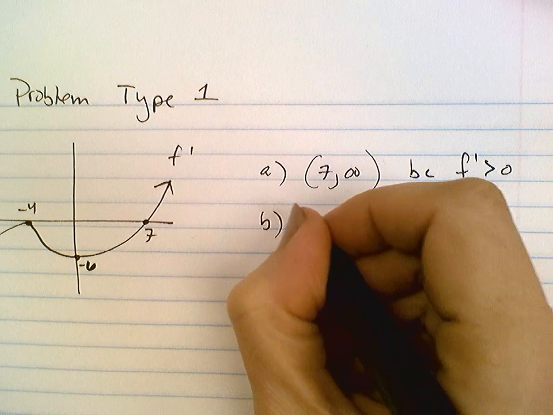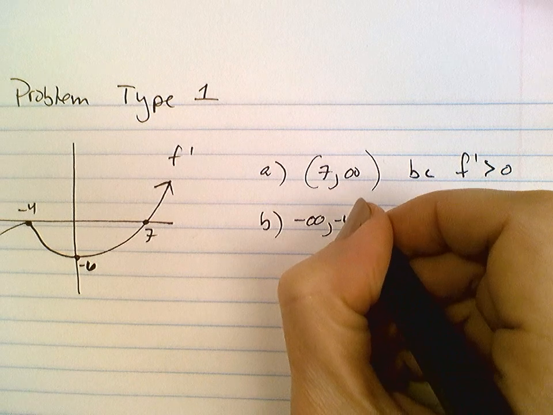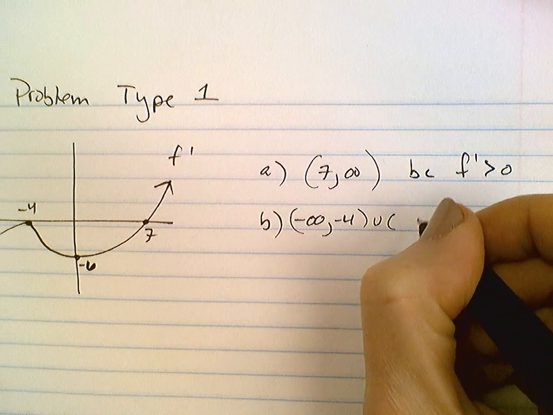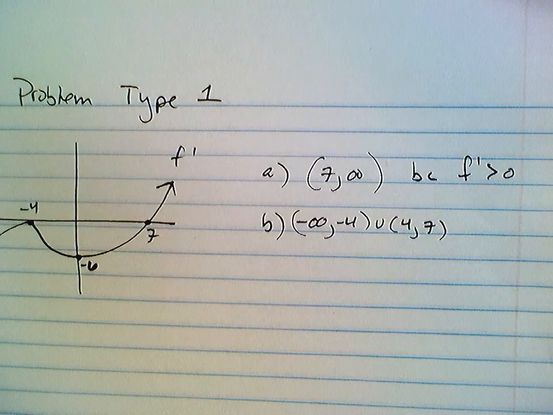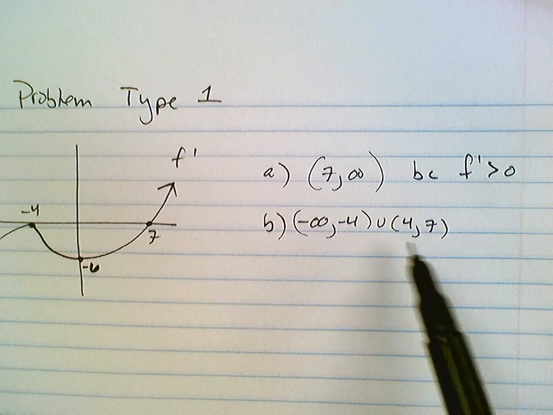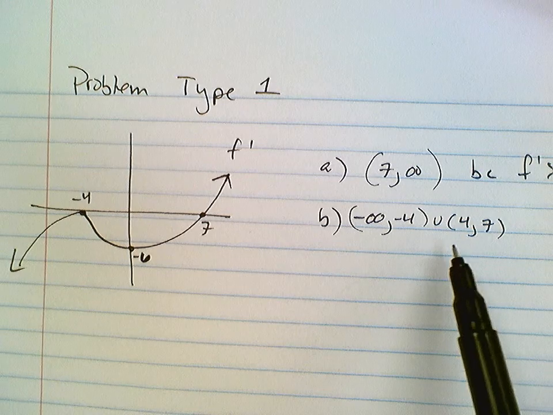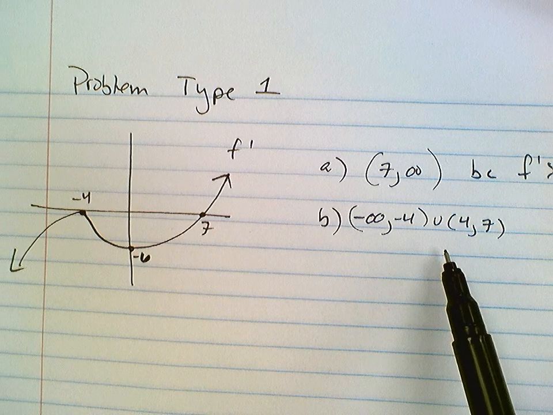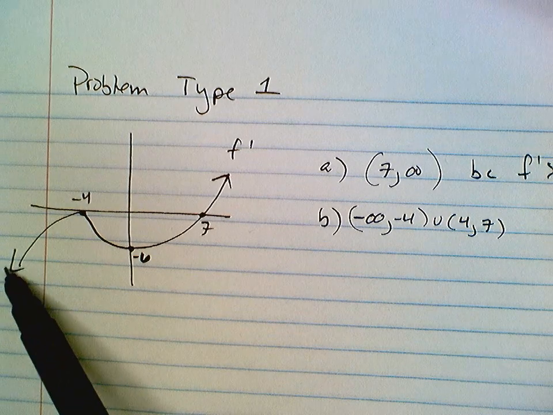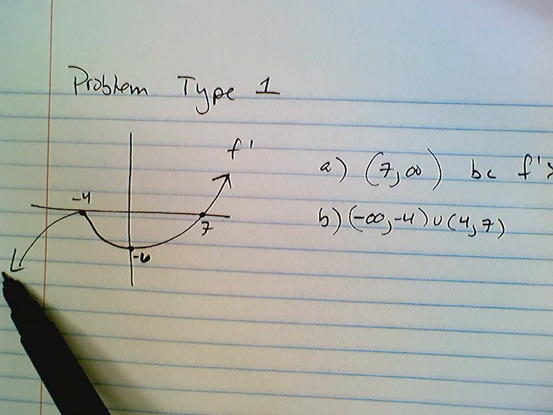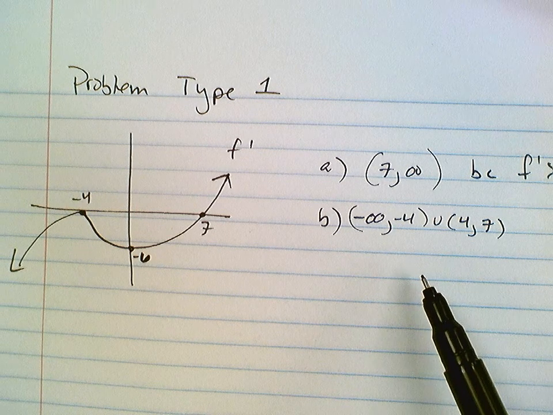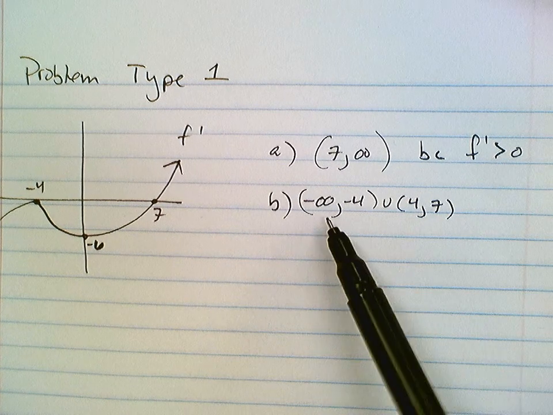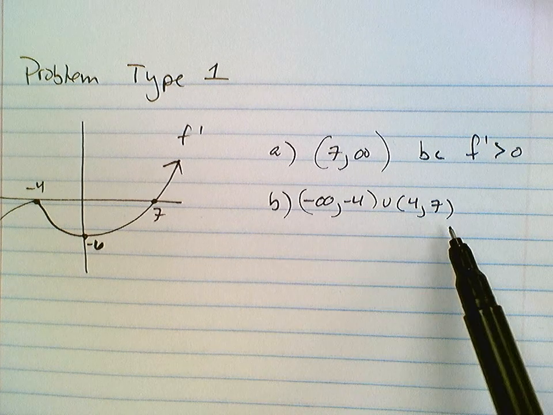So negative infinity to -4 union 4 to 7. Now, I did this union, guys. I will explain why you could also express it just as negative infinity to 7.